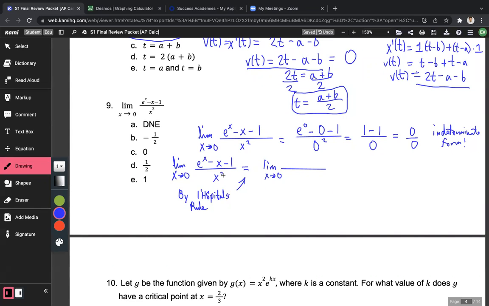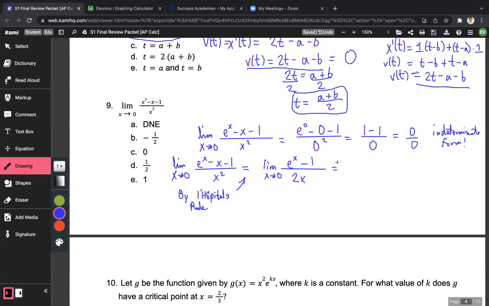And I know that L'Hopital's rule just tells me that this limit, since I got an indeterminate form when I try direct substitution, is going to be equal to the limit of the derivative of the numerator, which in this case is e to the x minus 1, over the derivative of the denominator, 2 times x.